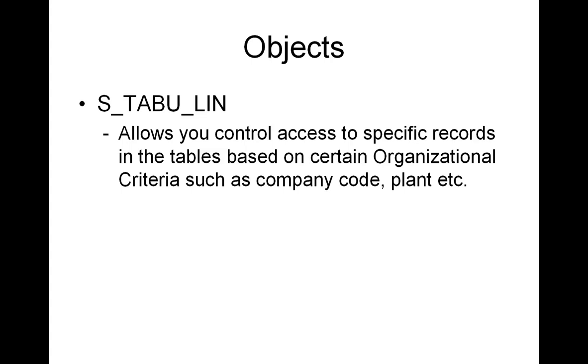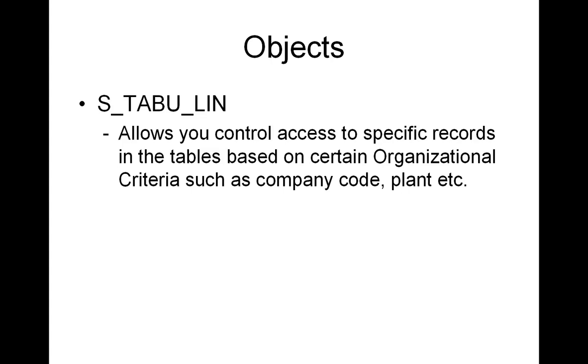Tableau DIS allows you to see all the records from the table, but Tableau LIN can allow the user to see the data for a specific company code only. So the company code becomes the organizational criteria.